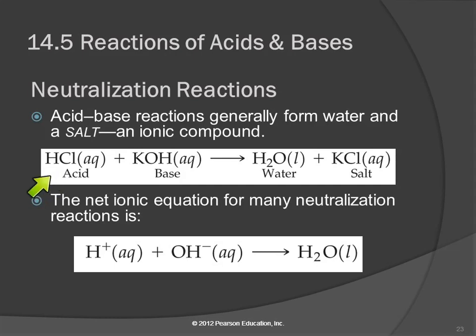Hydrochloric acid and potassium hydroxide react to form water and salt. If we do the net ionic equation for that, we end up with hydrogen ion plus hydroxide ion forming water. And that is the net ionic equation for many, not all, neutralization reactions.